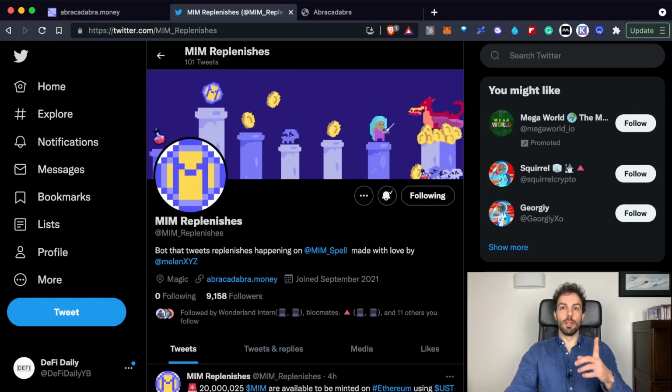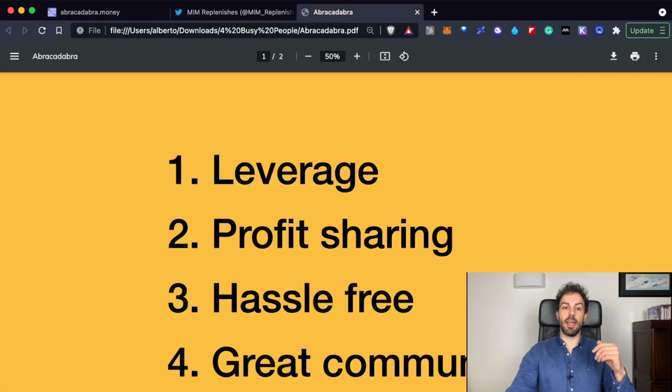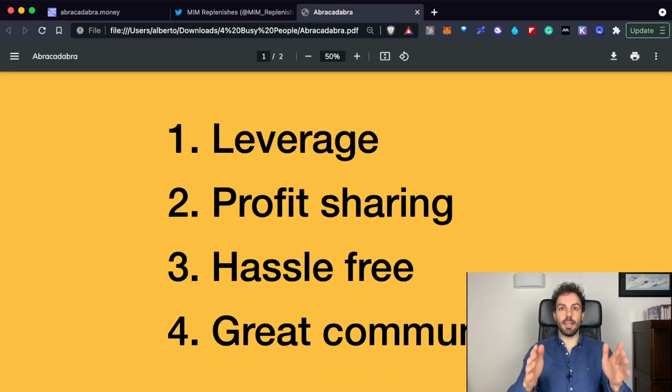So let's try to recap everything about Abracadabra. It allows you to leverage your own position. So instead of using only your capital, you can increase the leverage and also increase the yield you will receive.